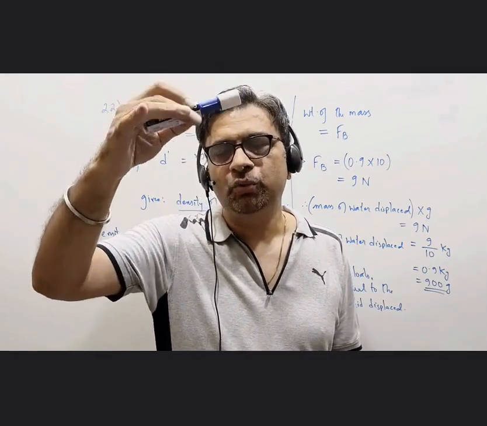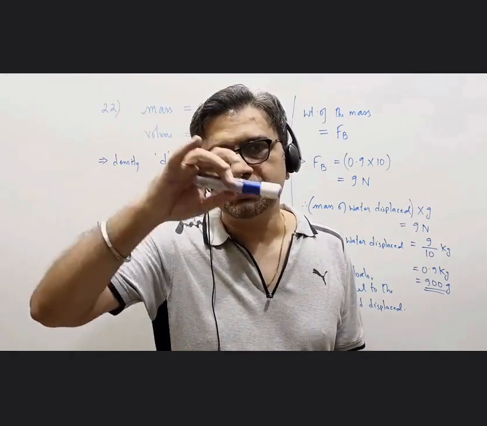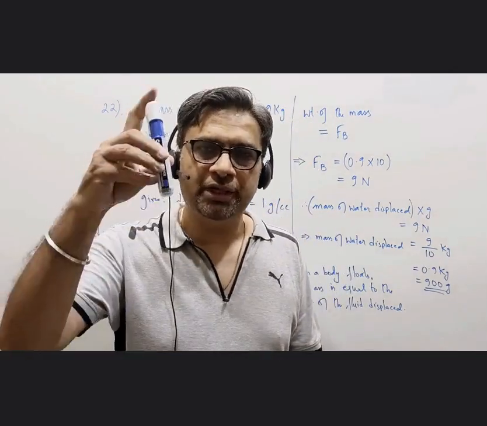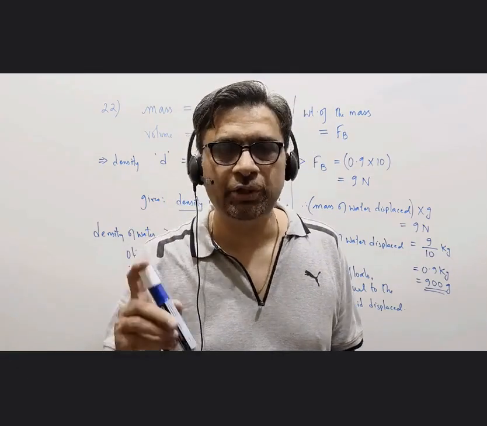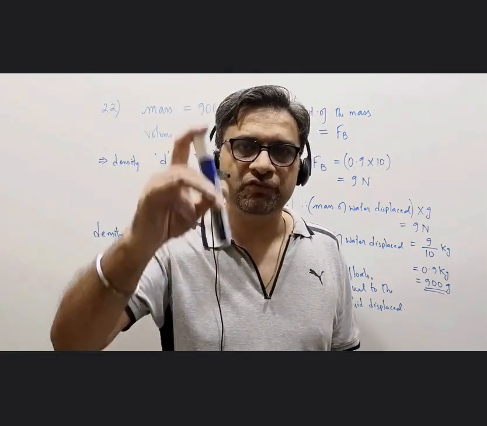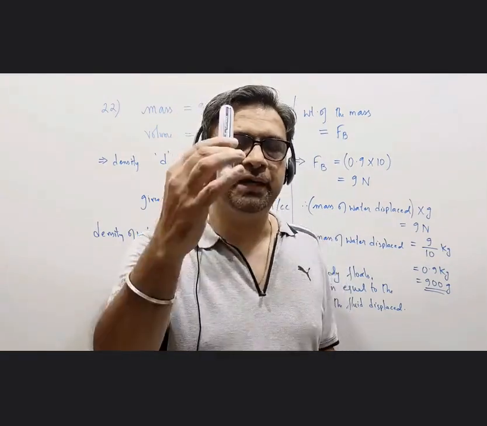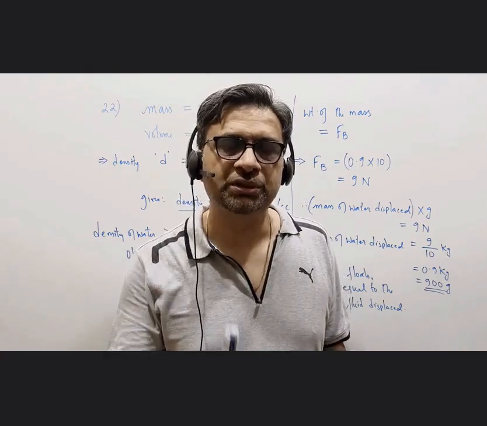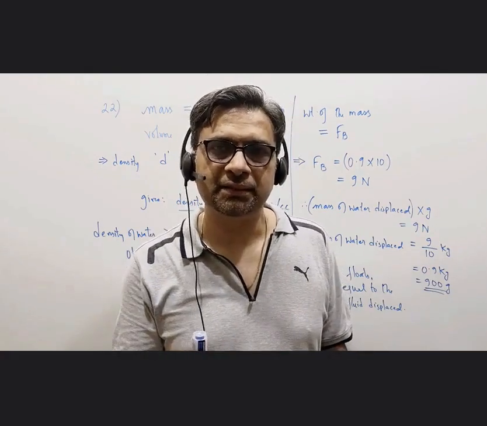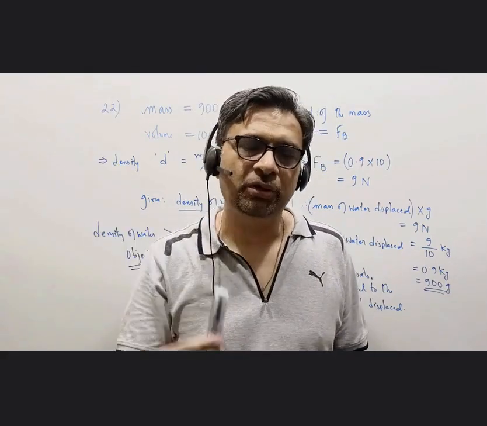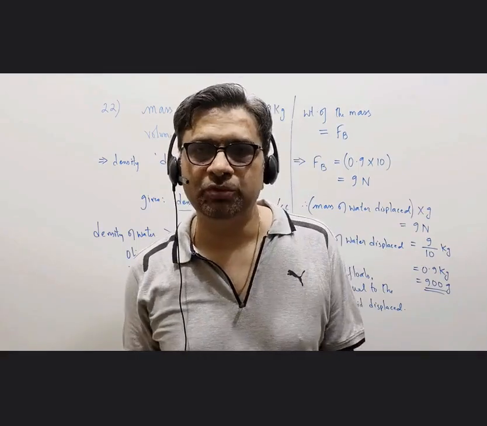So when a body is immersed in a liquid or a fluid, there are two forces at play. One is the gravitational force, which is the weight of the object, and the other is the buoyant force, the force that is applied bottom up. Weight top down, buoyant force bottom up.